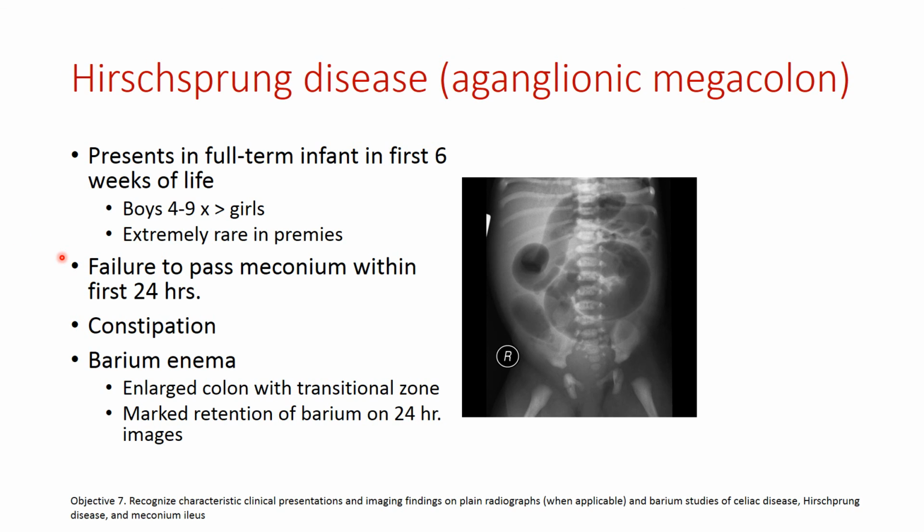But basically, we can suspect Hirschsprung disease if we have a failure to pass meconium stool within the first 24 hours. Now, meconium is what the baby has been ingesting throughout its time in the uterus. So mucus, amniotic fluid, bile salts, etc., form what's called meconium, and it's this kind of green, pasty looking stuff.